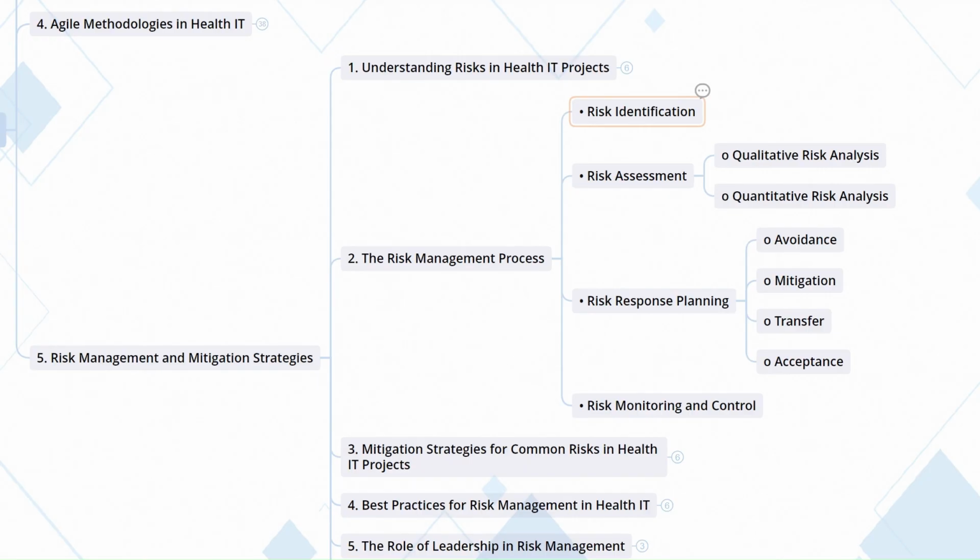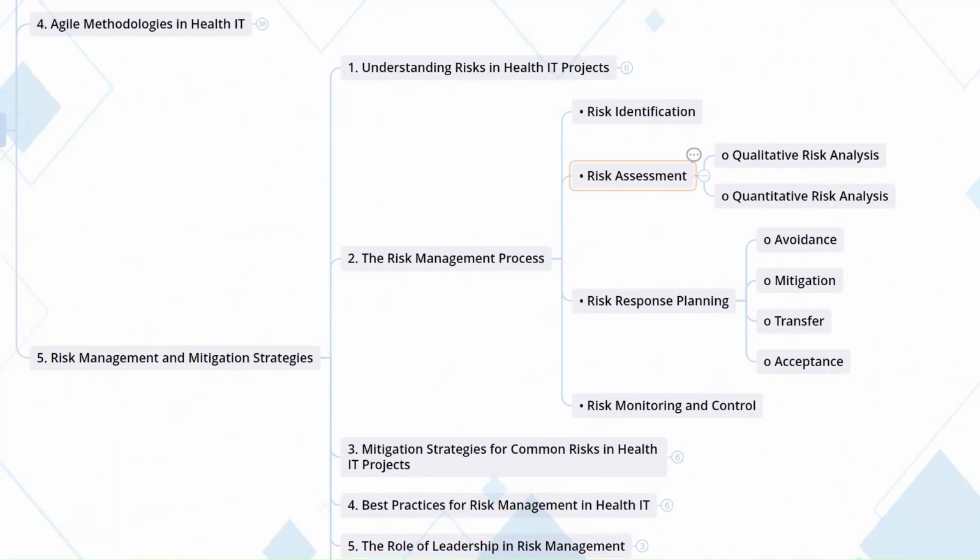This initial step involves systematically identifying potential risks that could affect the project. Techniques such as brainstorming sessions, expert interviews, and SWOT analysis, also referred to as strengths, weaknesses, opportunities, and threats analysis, can help uncover possible risks.